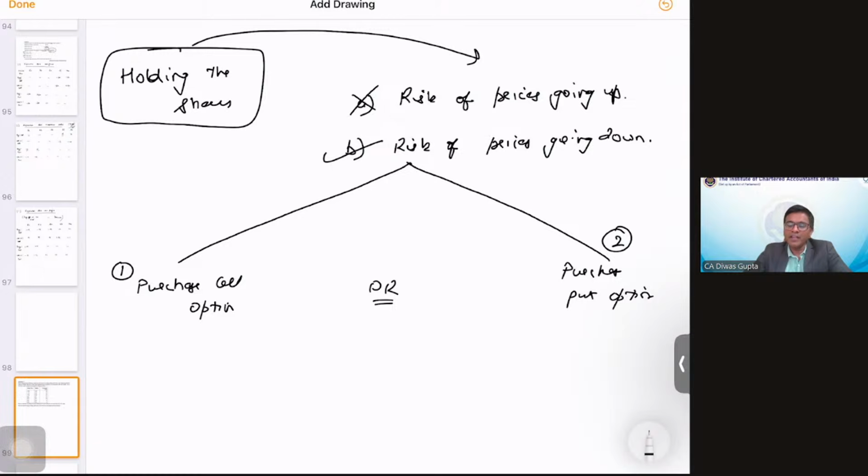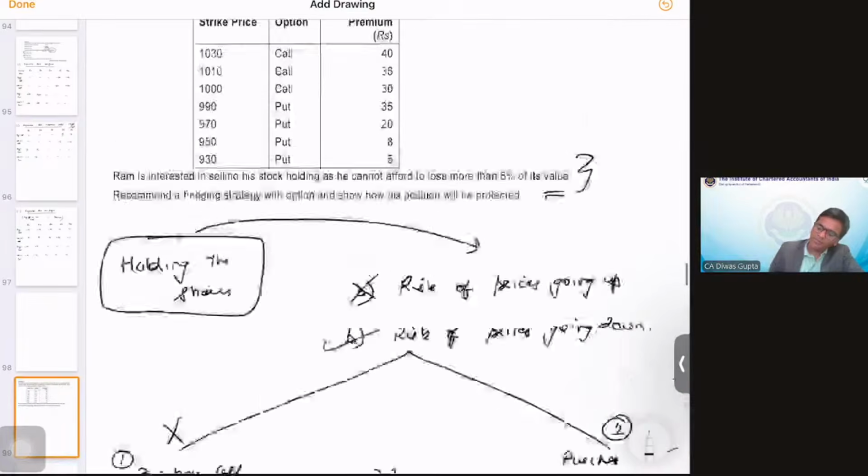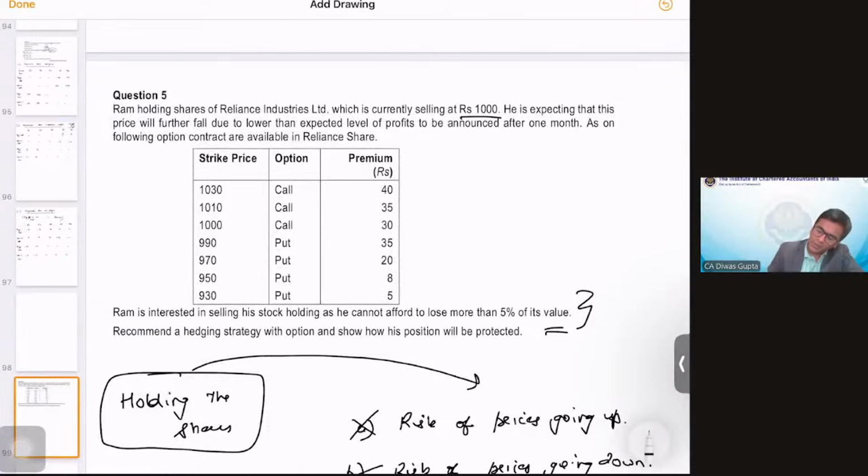So why can we not take both or why can we not take call? See, we have to cover ourselves from the risk of prices going down. Now, if the prices go down, we will gain only in case of a put option if we are a holder of the put option, right? So this is the right answer. This is not. So now we have been given different call and put options. So these call options we can ignore. Only put options we can focus on.